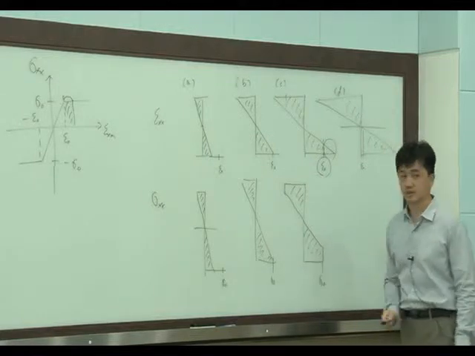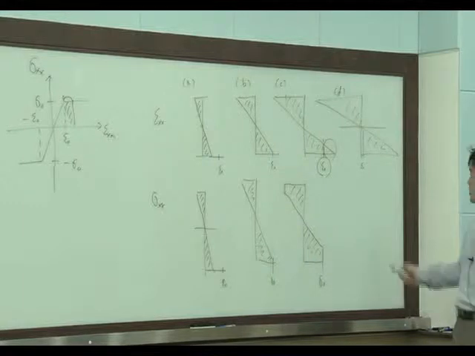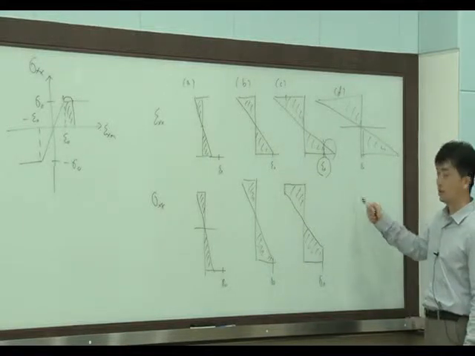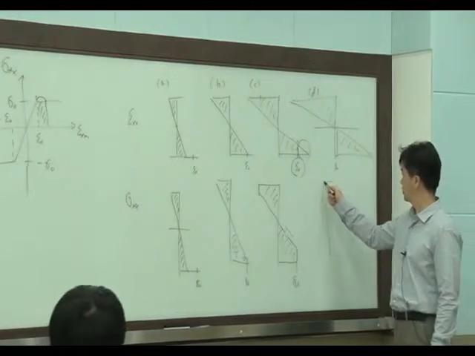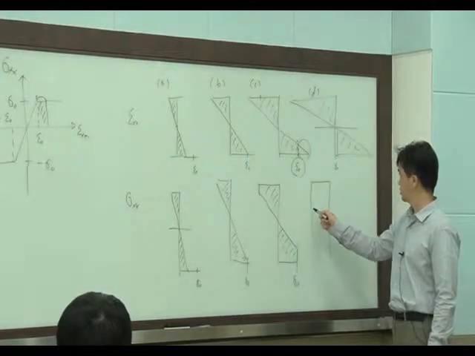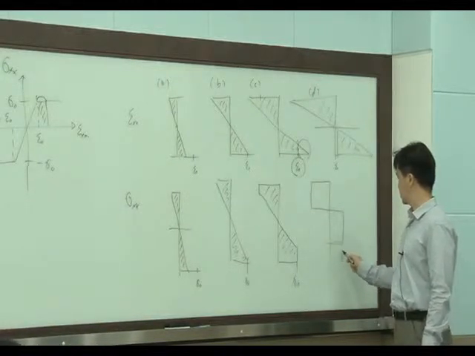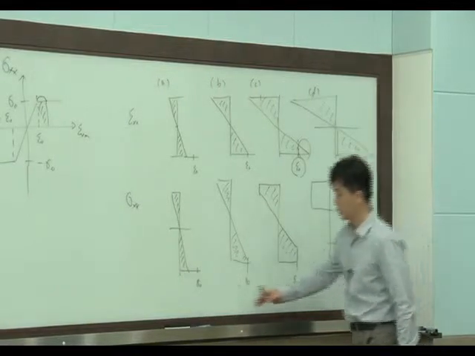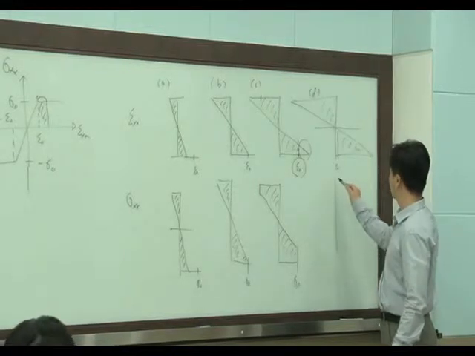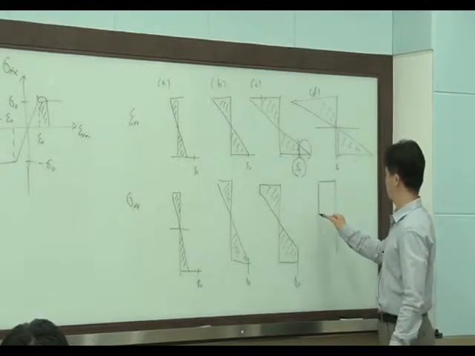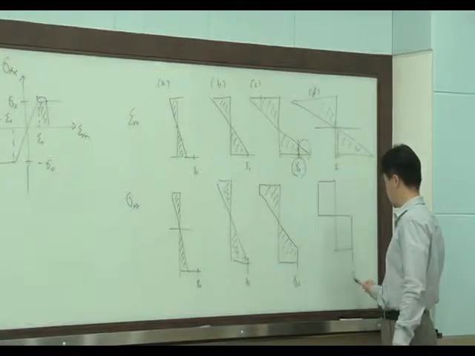The shape is changed like this. The shape is not just a triangular shape. How about the case where strain is really, really big? Sigma 0. So this is the asymptotic case.